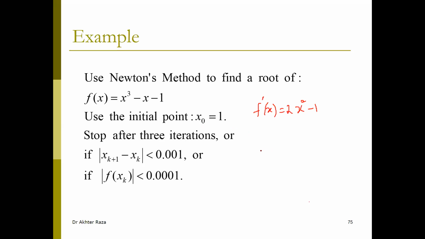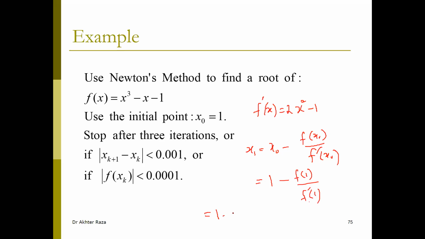So the next guess can be calculated by x1 is equal to x naught minus f(x naught) divided by f dash x naught. Now the value of x naught is given as 1, so we need f1 and f dash 1.